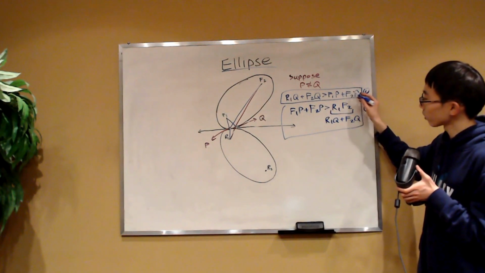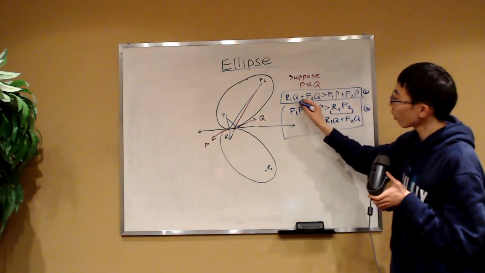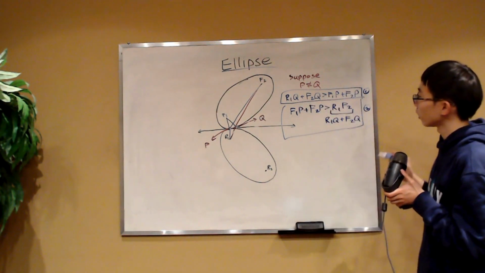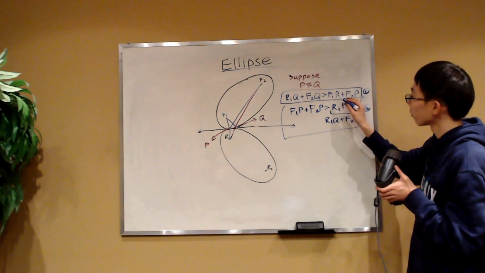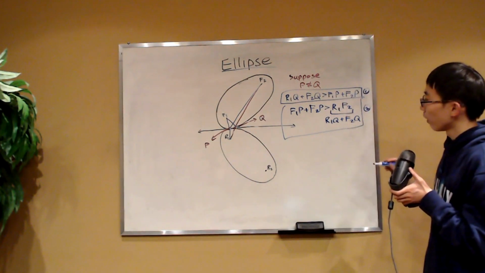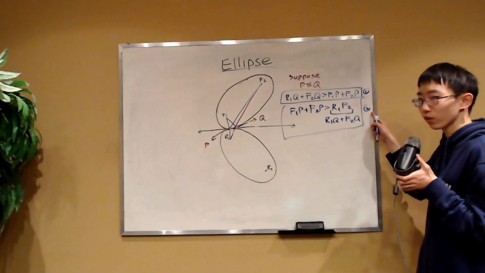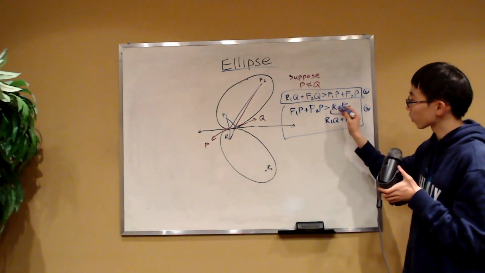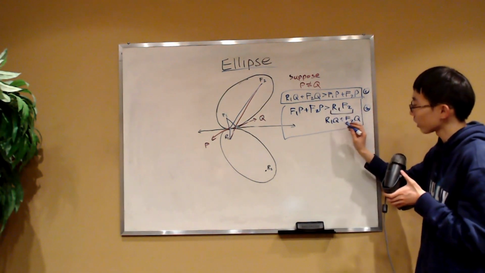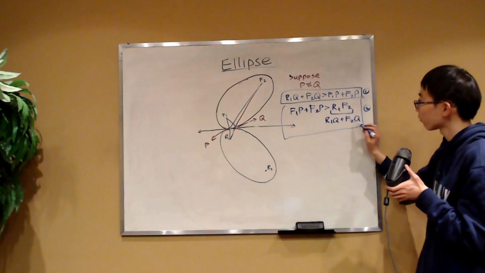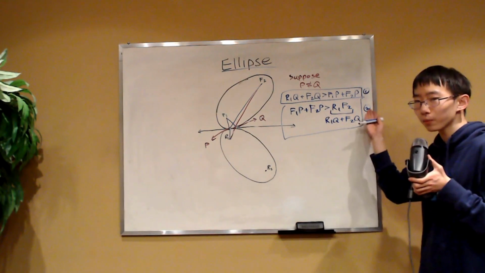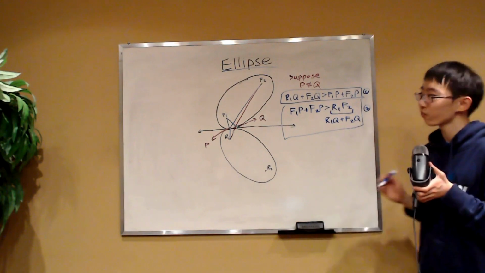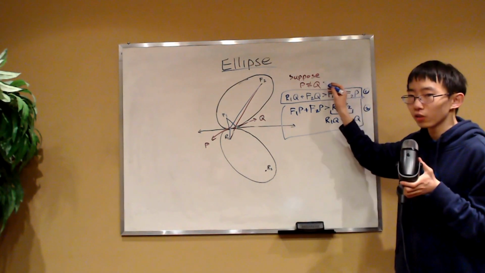Over here for inequality 1, we're stating that R1Q plus F2Q is greater than F1P plus F2P. But over here in inequality 2, we're stating that F1P plus F2P is greater than R1Q plus F2Q. Directly opposite, a contradiction, and therefore P must be equal to Q.